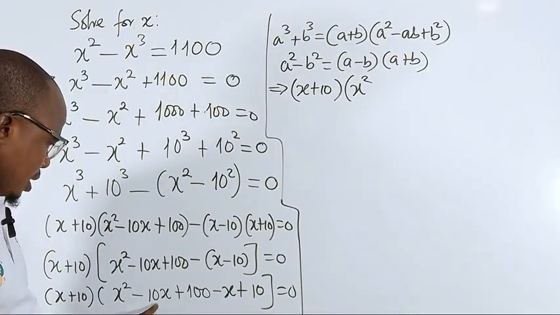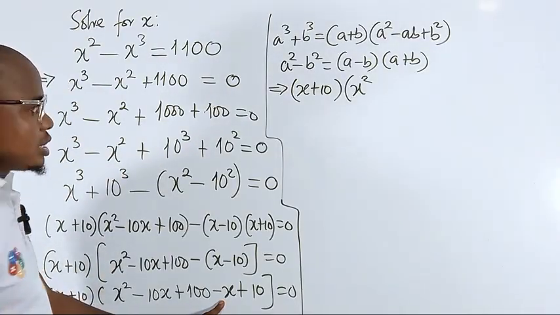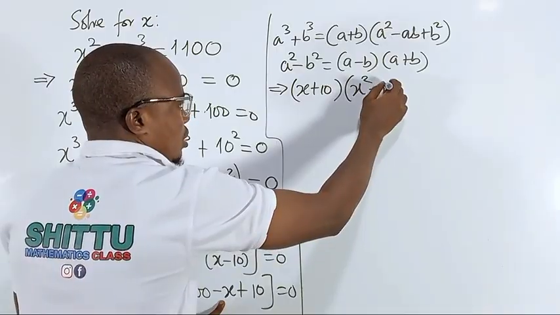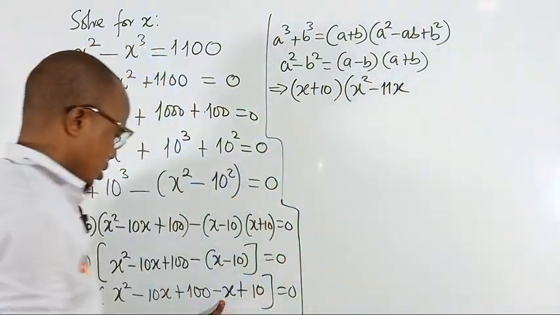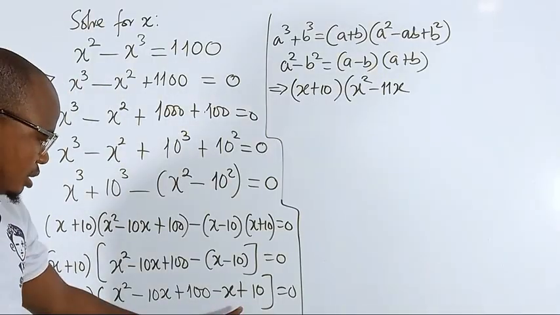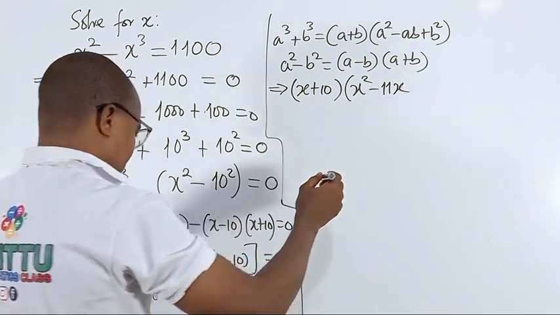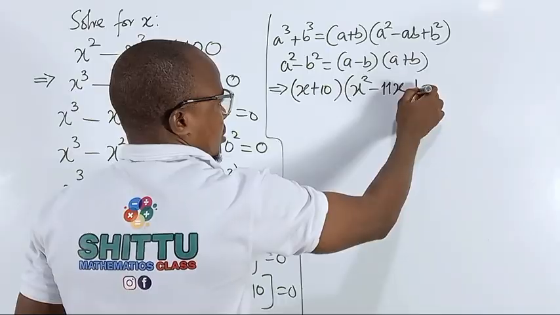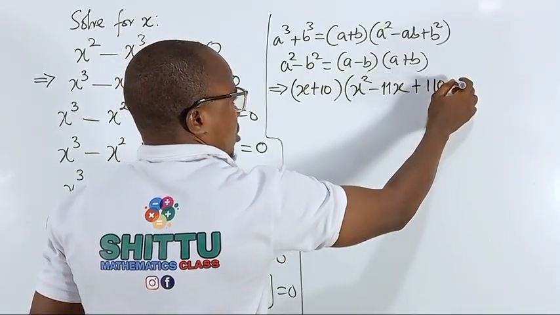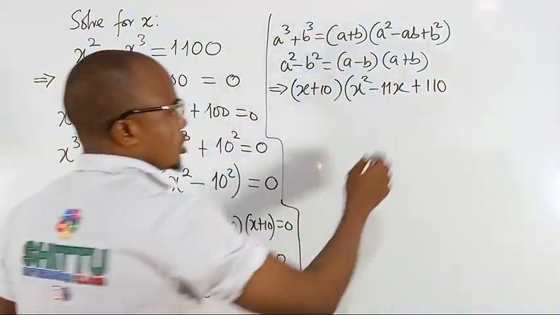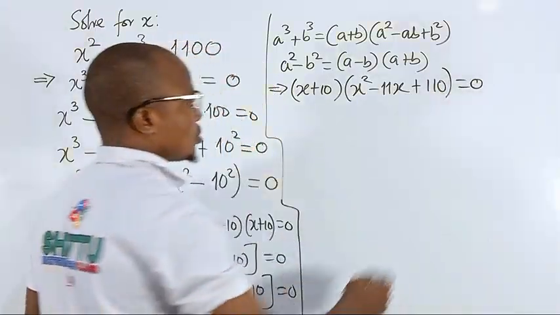Now minus 10x minus x, this will be minus 11x, then plus 100 plus 10. So we're going to have plus 110. Are you following? Then everything equals to 0.